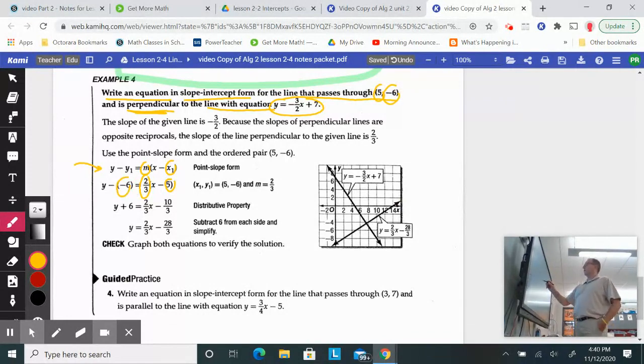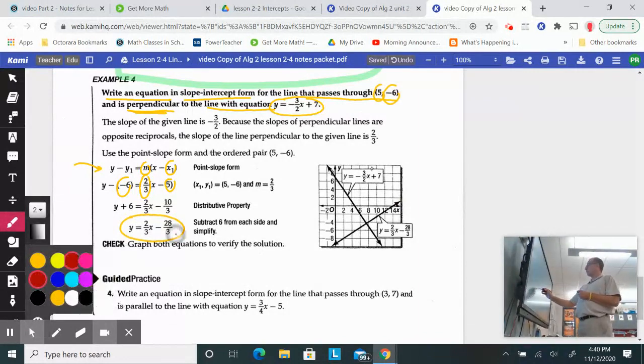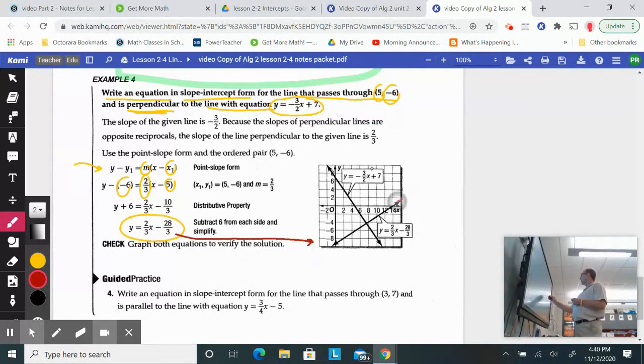Then they simplified it and ended up with y by itself: y equals 2/3 x, so 2/3 is the slope of the new line, minus 28/3, which would be like -9 1/3. That would be your y-intercept. And you can see this new line here has a positive 2/3 slope, and it goes through -9 1/3 because that's the y-intercept.